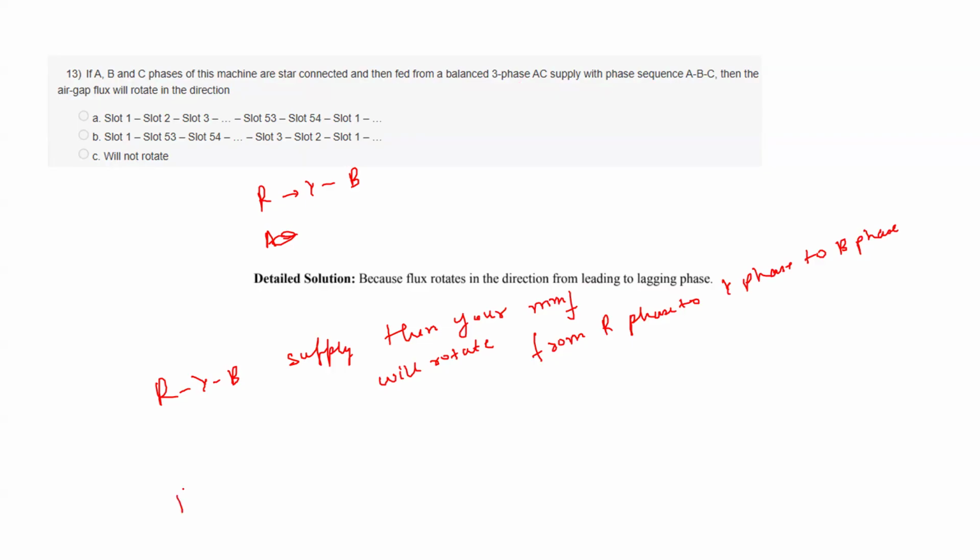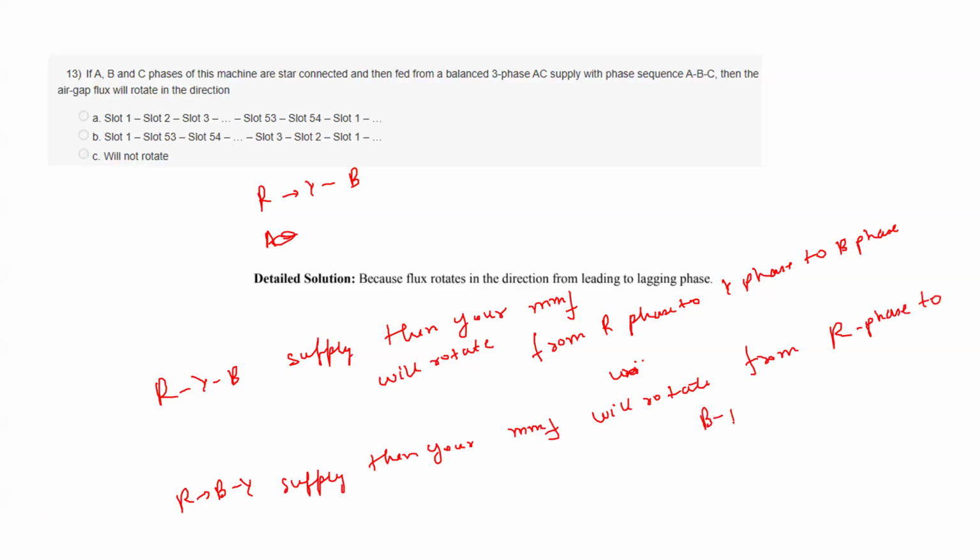And if you give RBY supply, then your MMF will rotate from R phase to B phase to Y phase. It will just follow the supply sequence.